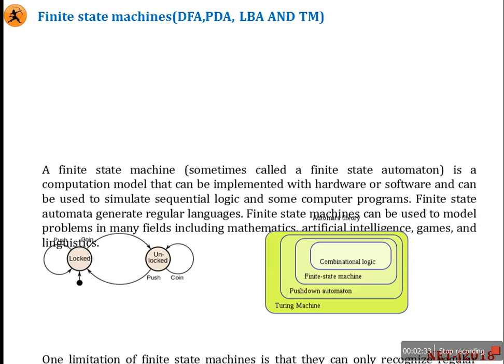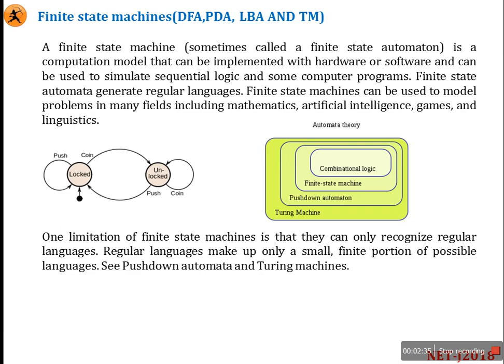First of all, there are finite machines. We need to understand what machines were available before the computer. Today also they are used: PDA machine, Turing machine and all. These are deterministic finite automata, pushdown automata, linear bounded automata, and Turing machines.